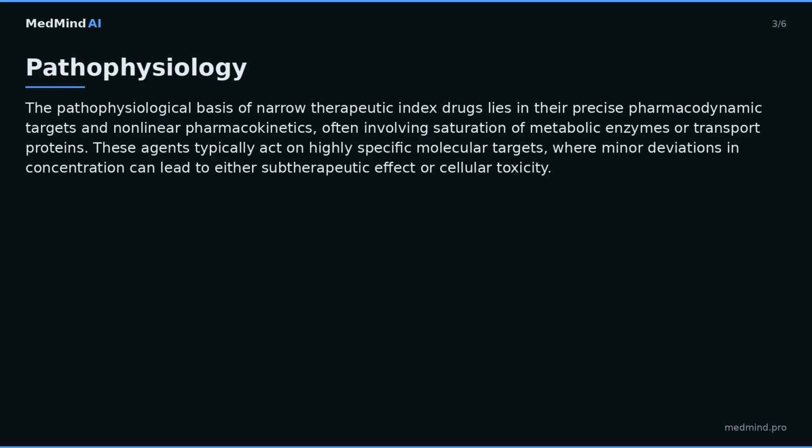Digoxin, a cardiac glycoside, inhibits the Na/K ATPase pump in myocardial cells, increasing intracellular sodium, which in turn enhances calcium influx via the Na/Ca2+ exchanger. This results in increased contractility, positive inotropy, and reduced conduction through the atrioventricular (AV) node.